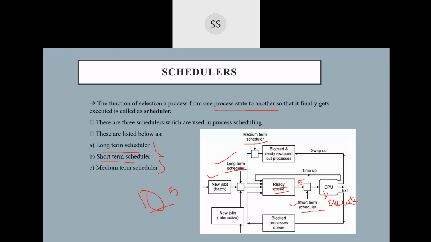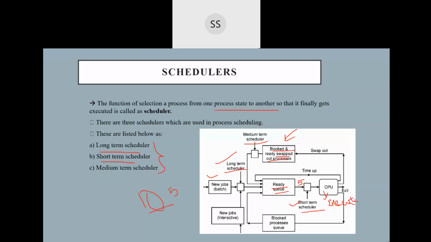Okay, the long-term scheduler starts straight from the initial. The short-term is meant for execution, and the medium-term is between the long-term and the blocked and ready swapped process queue. As I said, this blocked and ready swapped is when you are ready and entered into the running state.